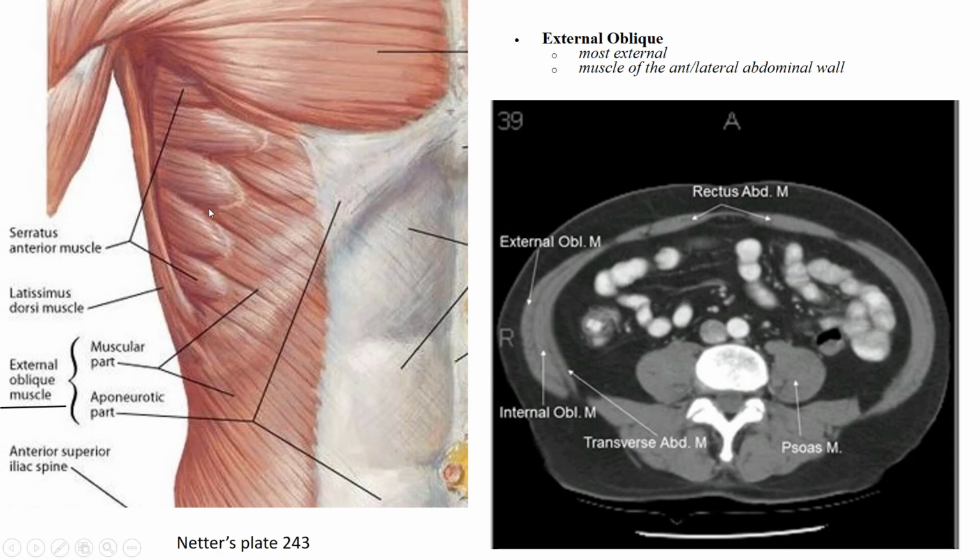So it comes around sort of like you're putting your hands in your pockets, and it goes from superior to inferior. If you were to put your hands in your coat pockets, that would be like your external obliques coming around and wrapping around and protecting the torso. It attaches to this big swath of fascia in the front called the linea alba.